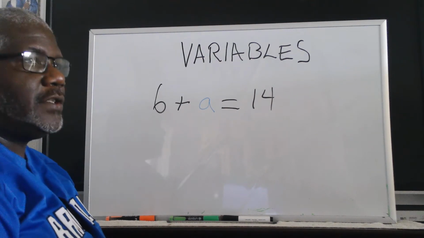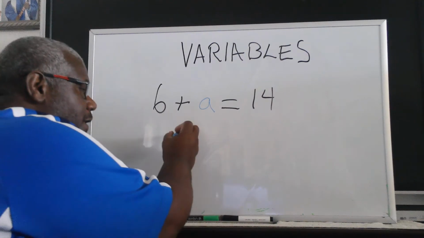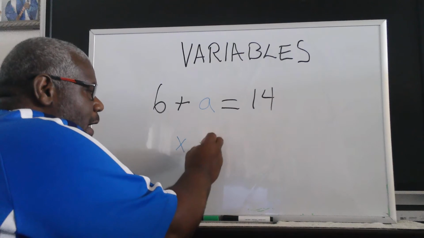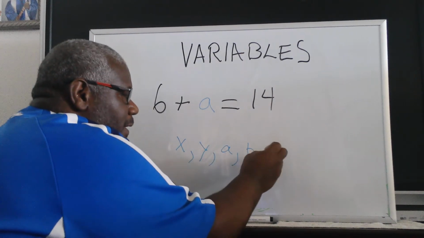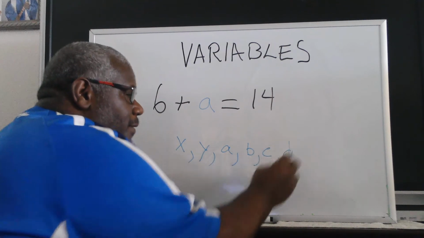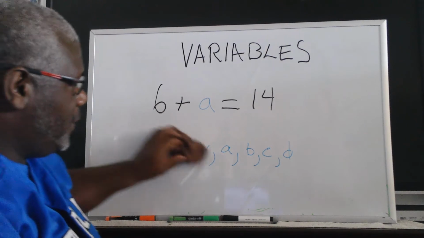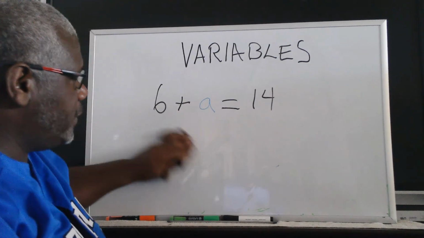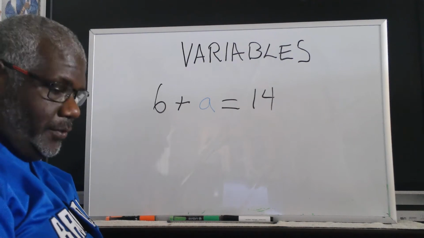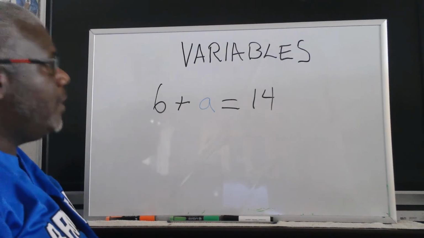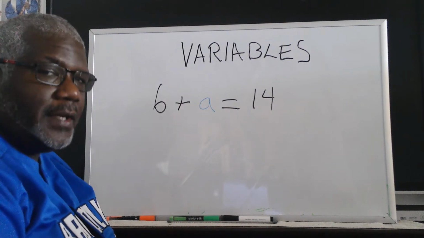Usually, the letters you'll see are X, Y, A, B, C, maybe even D at times, right? Get used to seeing those letters, okay? All they represent is unknown quantities of numbers, and it is our job to find those numbers. All a variable is, once again, is a letter that represents a number.